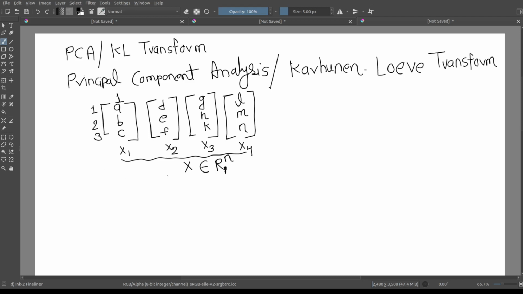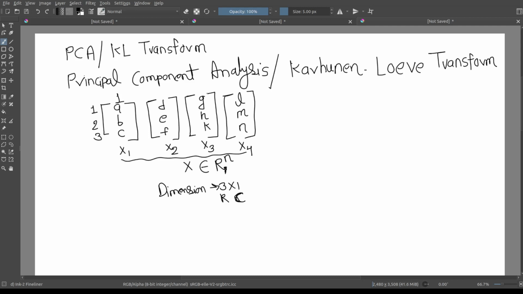So the dimension of each of x1, x2, x3 is 3 cross 1.